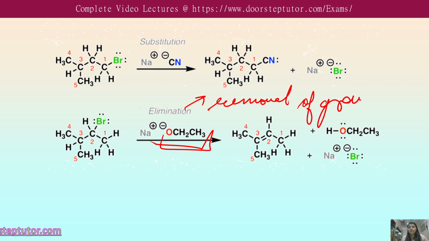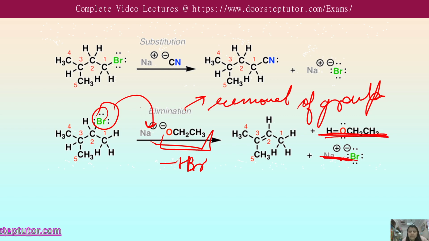If I am doing the removal of groups, from one point Br is removed and from some other point hydrogen is removed. So there is a removal of HBr, but it leaves in such a way that it combines with two different things. Na positive and Br minus combine in a neutralization reaction, and the hydrogen combines with the alkoxide so that alcohol forms as a side product.